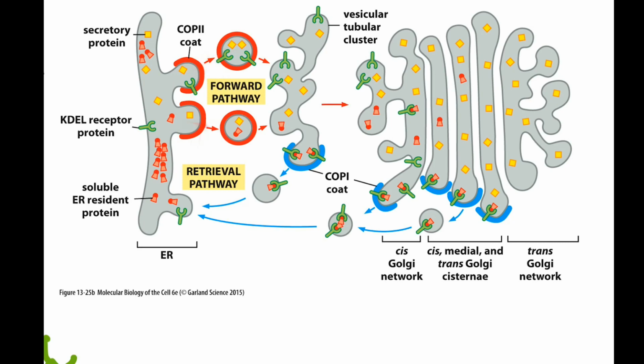So in the COP2 pathway going out, if things work according to plan, the soluble cargo and integral membrane cargoes go out the way we talked about, and that vesicle fuses with the ERGIC or the Golgi, and everything is fine. But during that process, it's very common for something like BiP, that's supposed to be in here, to sneak out into those COP2 vesicles, in which case, of course, it will be here and here.